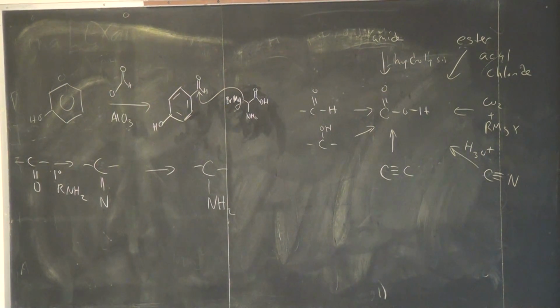Let me see if I can find it. I just know that if it's symmetrical triple bond, then it's going to make two acids. If it's unsymmetrical, it makes one C double bond. So it might be on this one, ended up with CO2. It makes one.